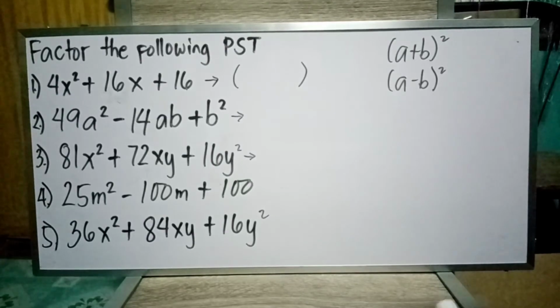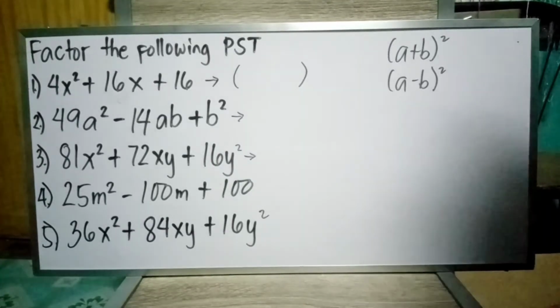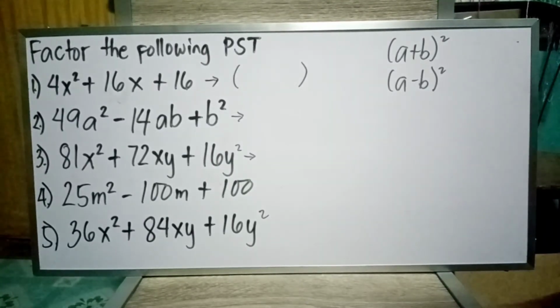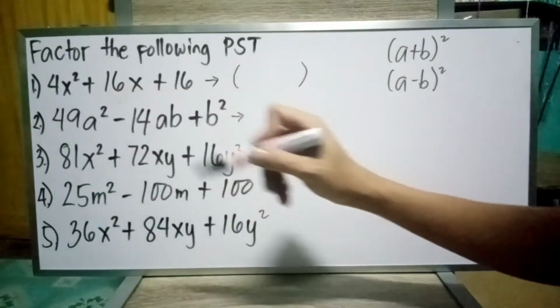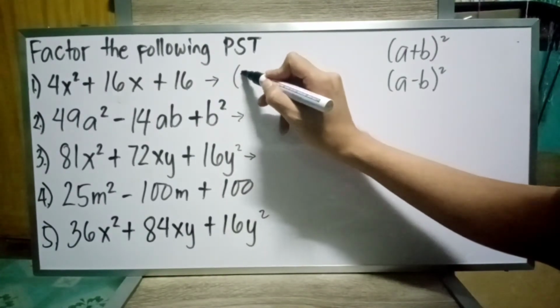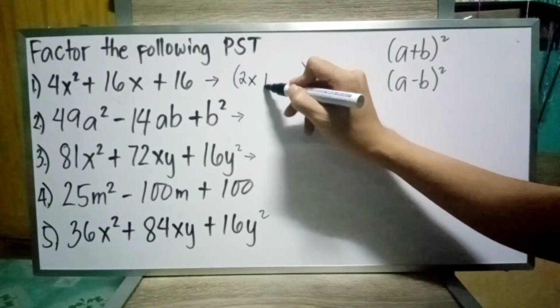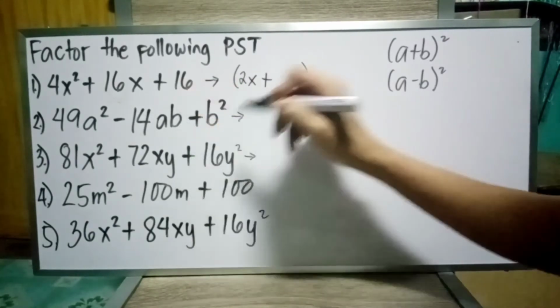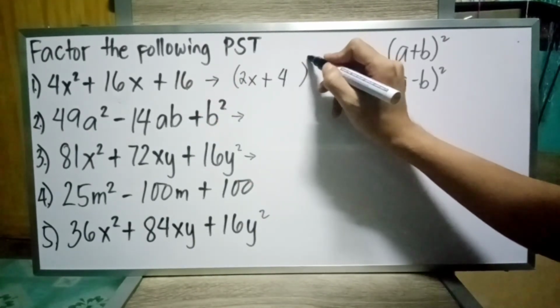Okay, for number 1, 4x squared plus 16x plus 16. Therefore, what is the square root of 4x squared? That is 2x, plus the square root of 16, that is 4, squared.